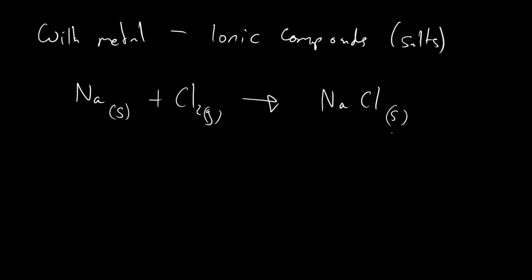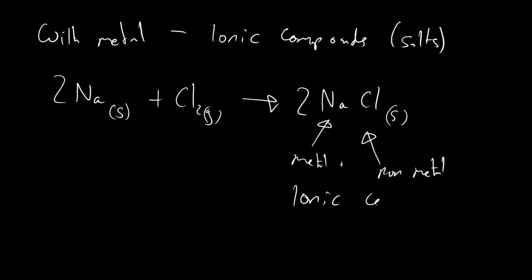That is a solid, it is table salt, okay? Now balancing these, I would need 2 of those and 2 of those. But that is a metal reacting with the halogen to form an ionic compound, because we have a metal plus a non-metal. This forms an ionic compound.